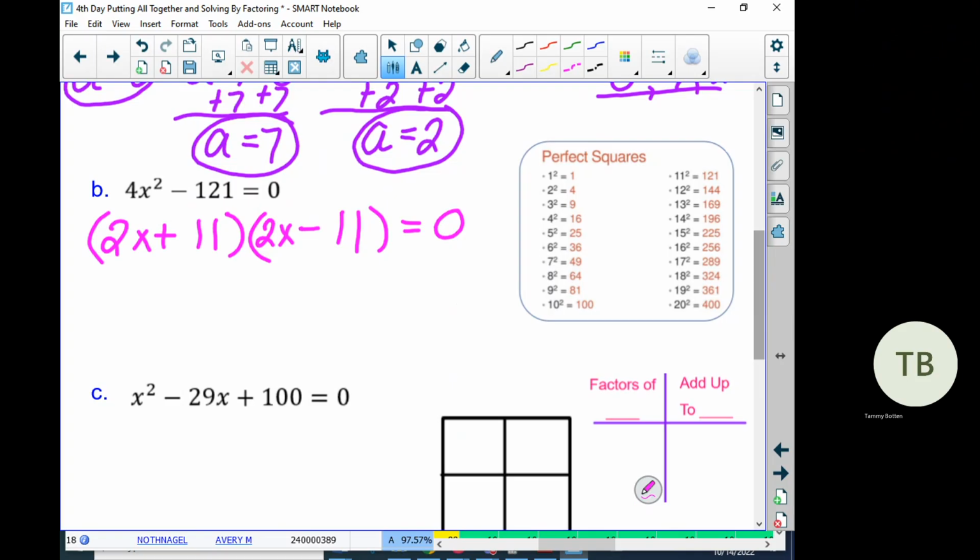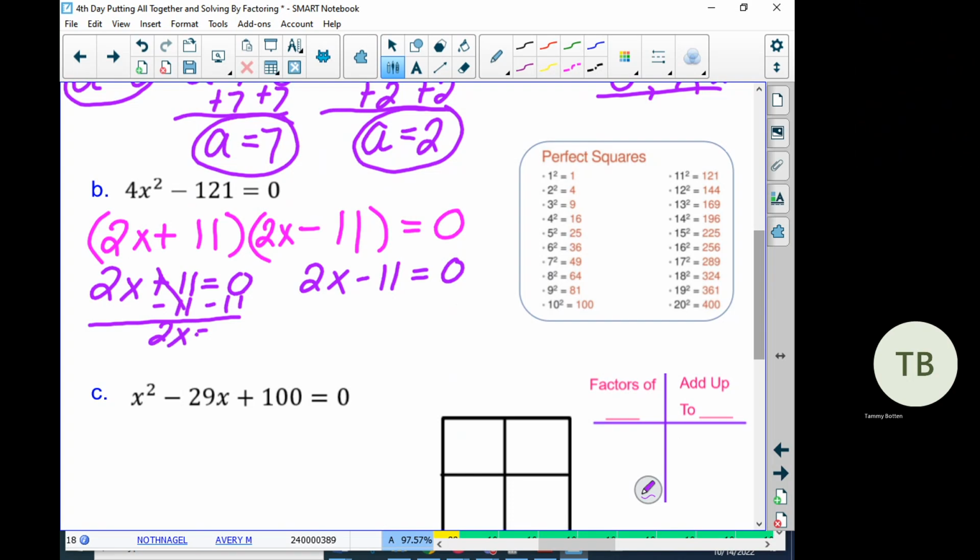Okay. So when you go to solve this, basically what you would be doing is taking 2x plus 11 and setting it equal to 0, and 2x minus 11 and setting it equal to 0. So here you'd subtract 11. And we'd get 2x equals negative 11. And then we divide by 2.